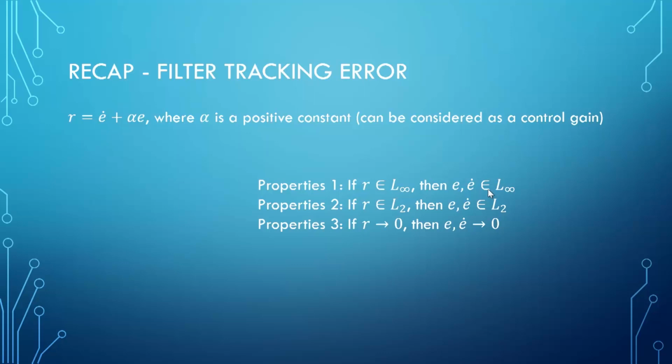E is the tracking error. The property of this R with E and E dot is that if R is bounded, both signals will be bounded. If R is L2, both signals are L2. If R converges to 0, both will do, okay?